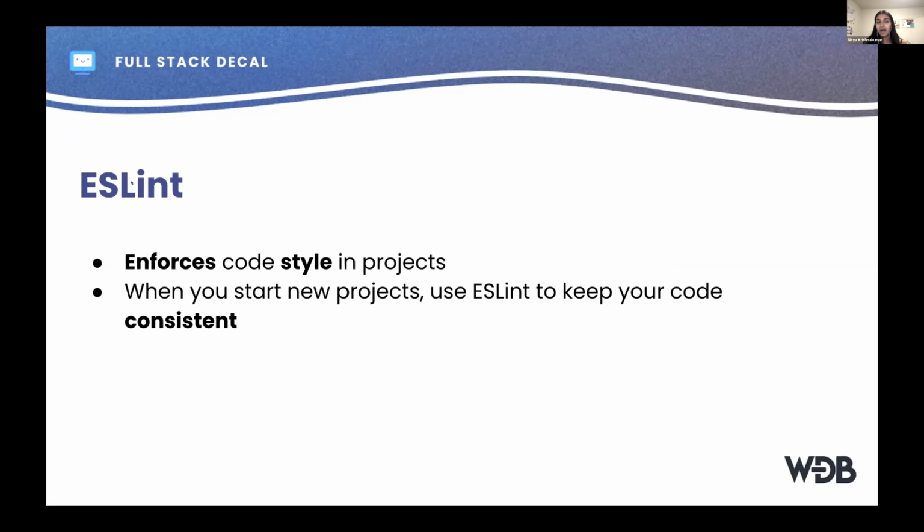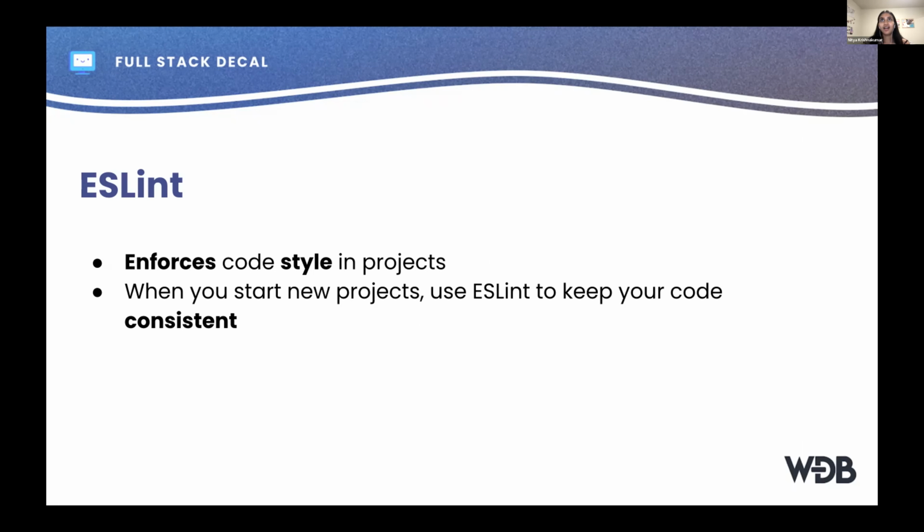The other thing is ESLint. This is another library that enforces code style. You usually enable ESLint in your projects, and it outlines a whole bunch of rules that developers need to follow when writing React code.